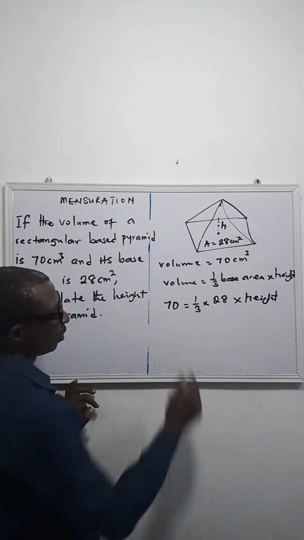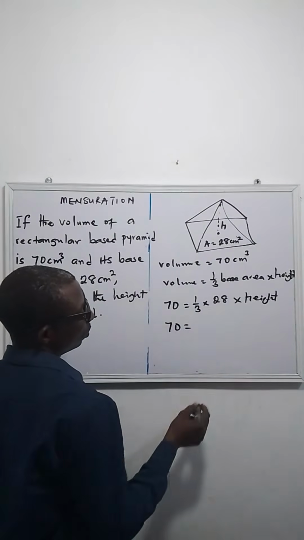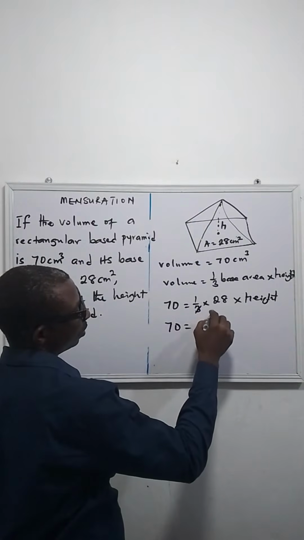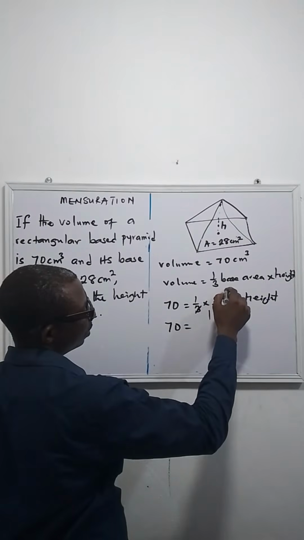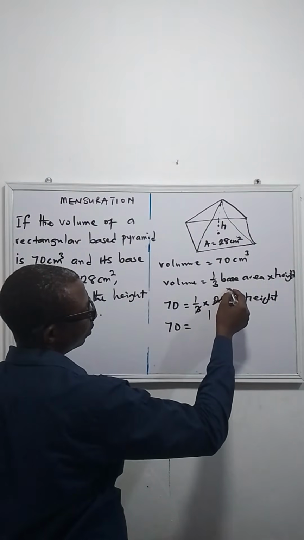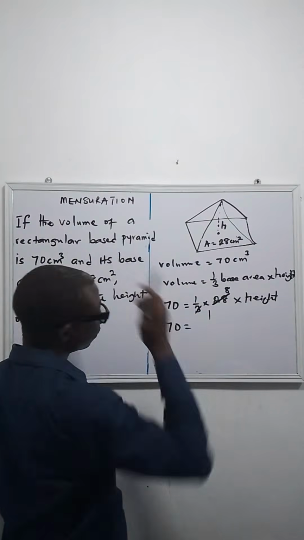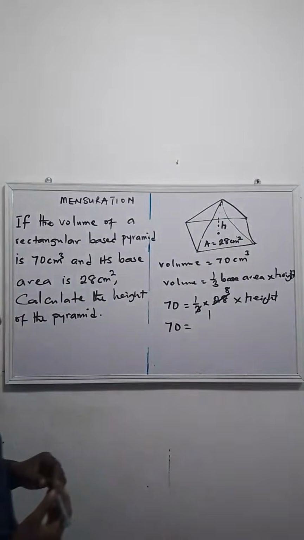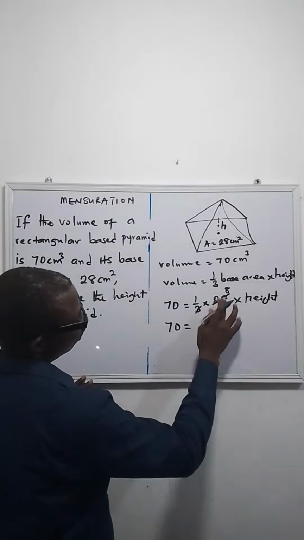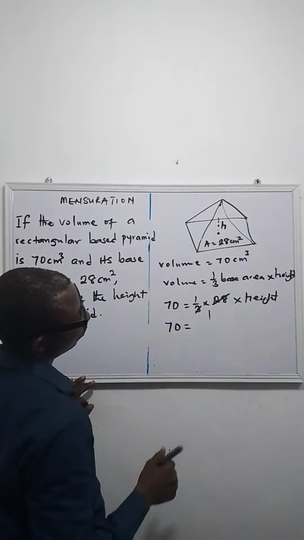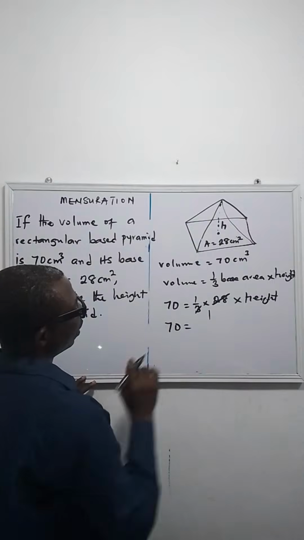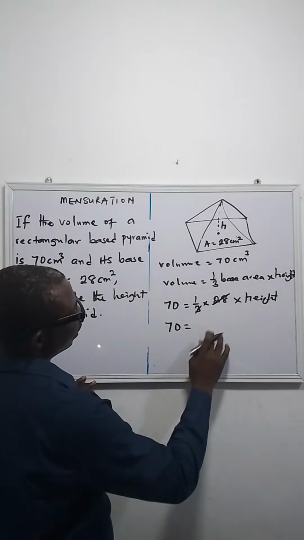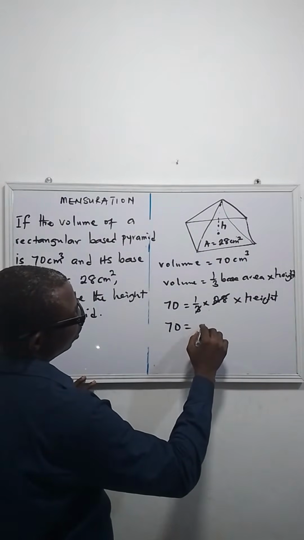Now 3 goes here, 3 goes here, and 3 goes into 28, I hope that is correct. Will it completely go? It will not completely go. So we are still going to have a remainder. So now let's do it this way.